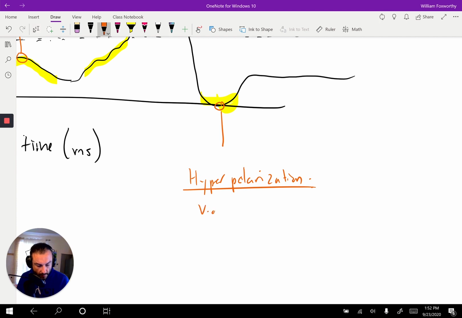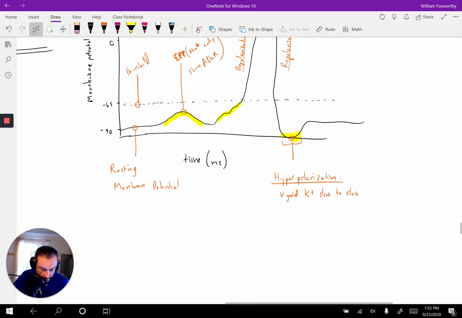It's because your voltage-gated potassium channels are slow both to open, and for this extra negative area, it's important that they're slow to close, so they remain open a little bit longer than they need to restore your cell to your resting membrane potential. So for a moment it goes below -90, and that means that to trigger another action potential during this phase, you would need an even stronger stimulus.